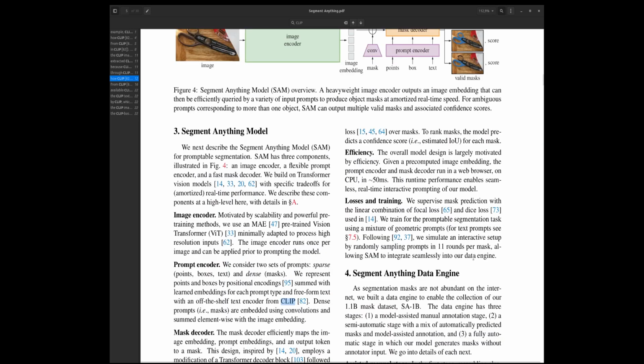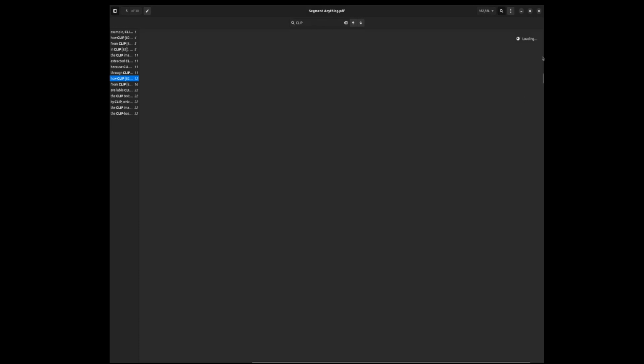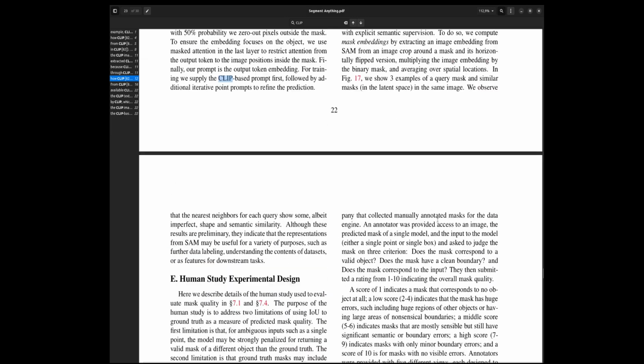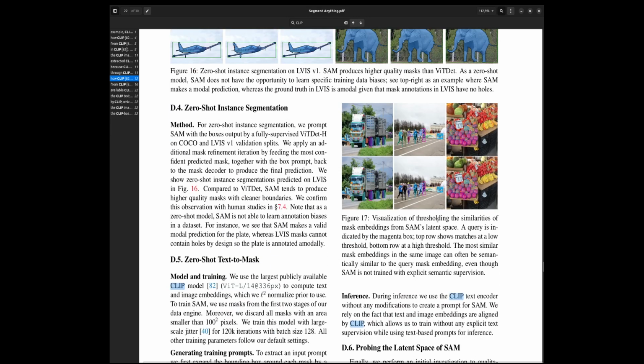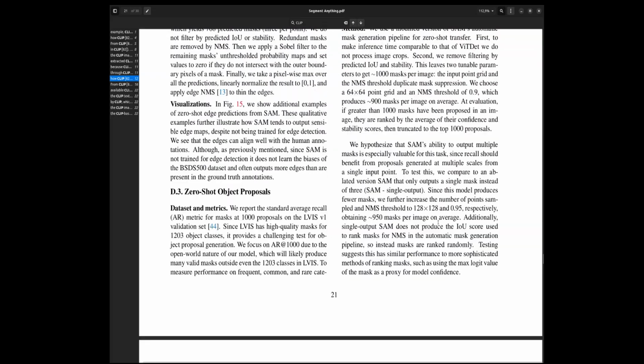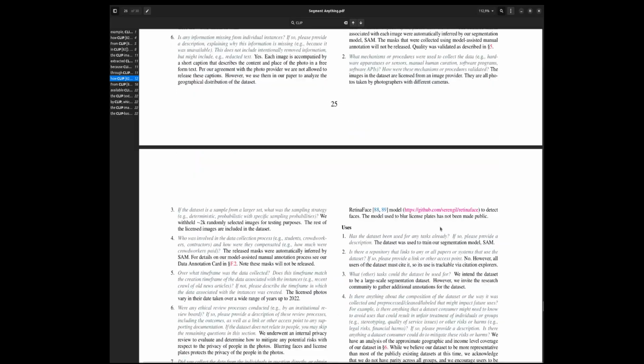They are valid submasks of the original mask, but they don't always look like some coherent object. I'm not sure if you understand what I mean. That was cherry-picked. It's a paper, so cherry-picking is kind of obvious.